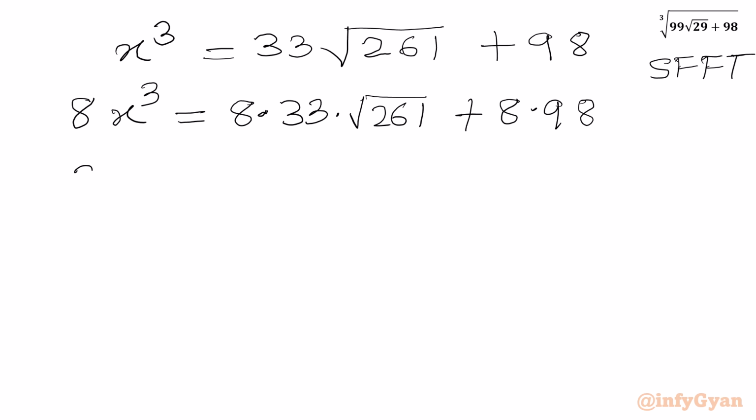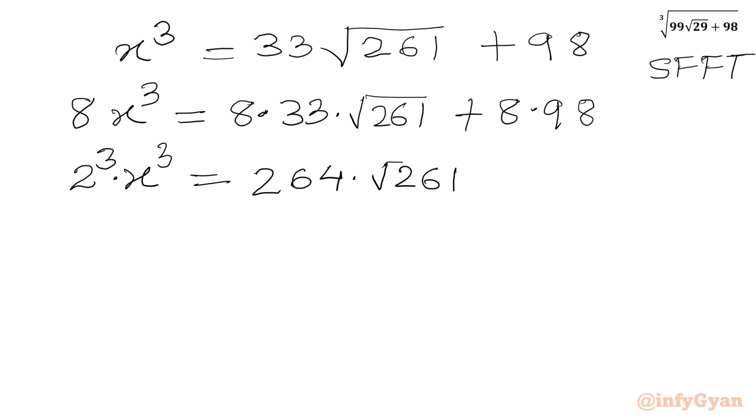So 8 we can write as 2 cube, times x cube, equal to 8 times 33, which is 264, times square root 261, plus 8 times 98, which is 784.